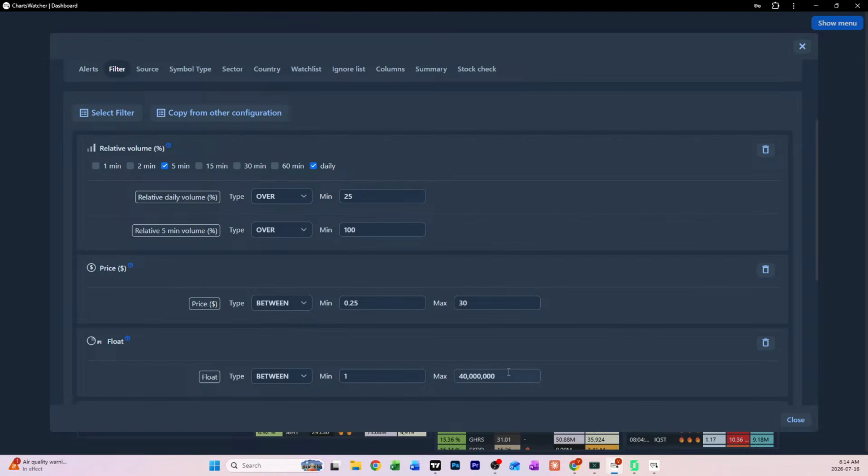And then between 1 and 40 million share floats, basically this is saying anything under 40 million, but I filter out anything that's 0 because for some reason on ChartsWatcher, sometimes things will pop up that are 0 float and they're not interesting.